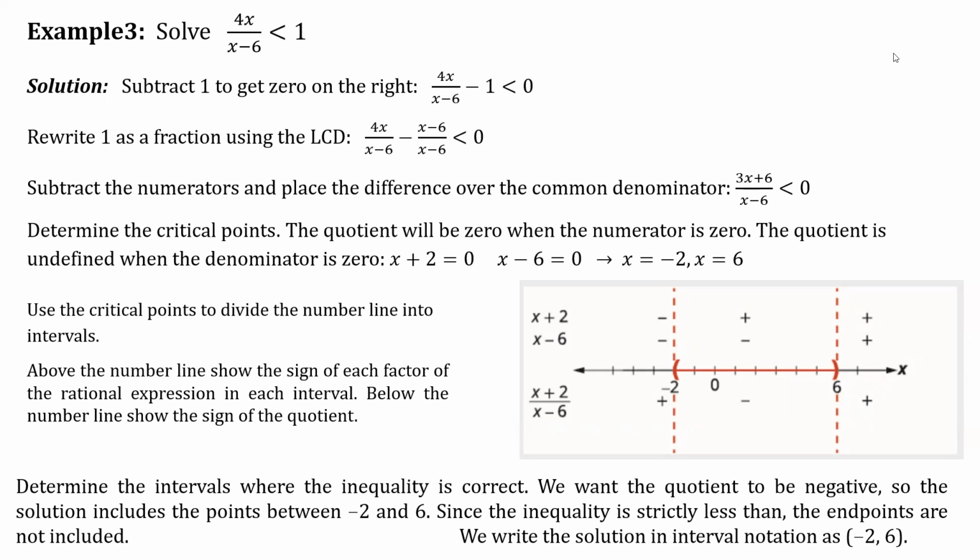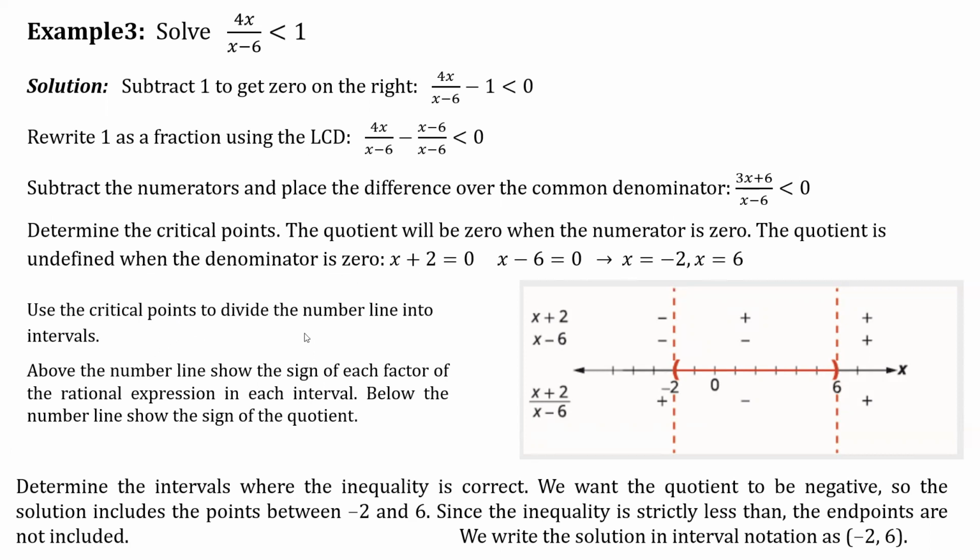So rewrite 1 as a fraction using the LCD and subtract numerators, placing the difference over the common denominator. Determine critical points. The quotient will be 0 when the numerator is 0. The quotient is undefined when the denominator is 0. So the critical points are -2 and 6.